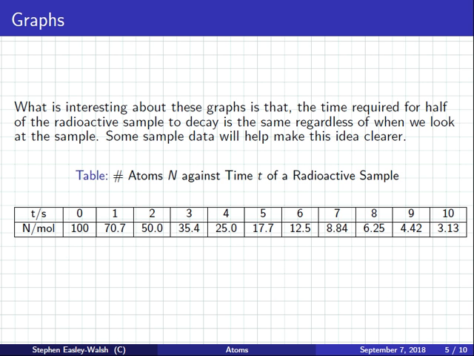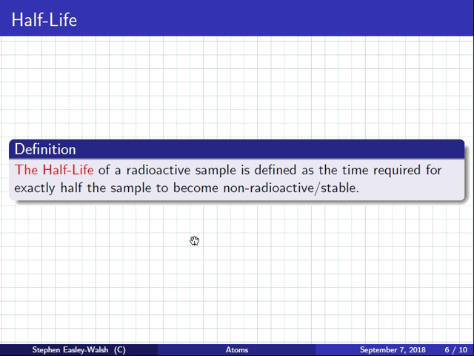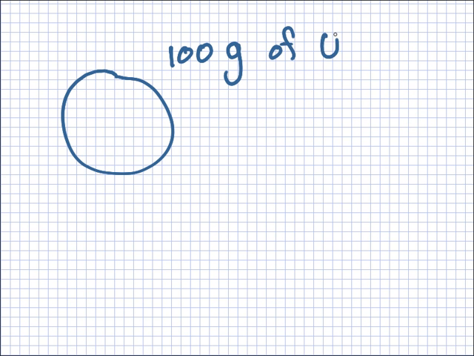Are you sure? Okay. So this gives us our first definition for this morning. The half-life of a radioactive sample is defined as the time required for exactly half the sample to become non-radioactive. So imagine, for example, you have 100 grams of uranium-238, and it's radioactive, of course, so there's radiation coming off of it.